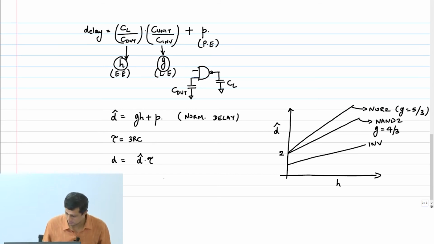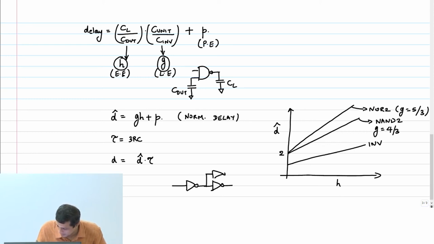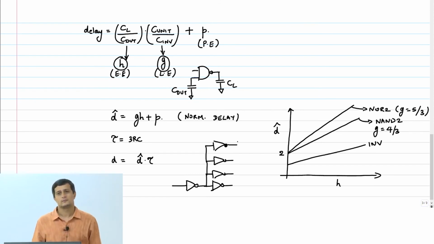Okay, so let us look at this thing. If I have an inverter driving 4 copies of itself, you remember this we called fan out of 4 delay, right? Because the output is fanning out into 4 different gates and it is driving identical copies of itself. That's what we mean by fan out of 4. So what is the net load capacitance on this?